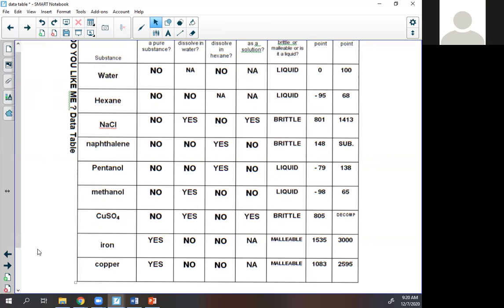Right here. That means it decomposes. So what it's saying is that CuSO4, before that compound will actually go to a gas, it just breaks apart into copper, sulfur, and oxygen.